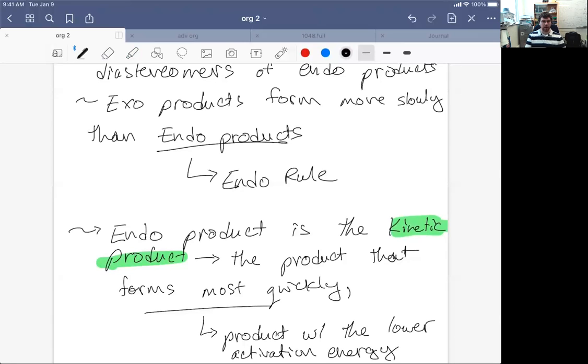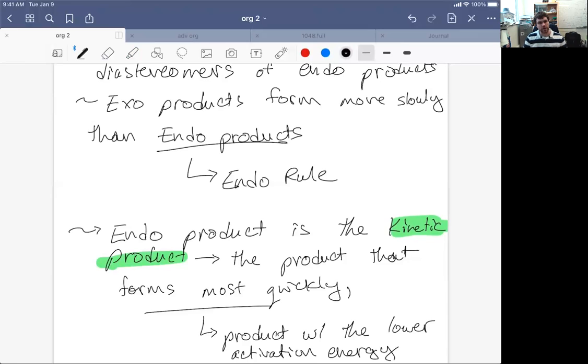Okay, so that's just us thinking about energy diagrams again. If we have a lower activation energy, there's a lower barrier for us to travel through to get onto the products. Said another way, it's the one that forms most quickly.